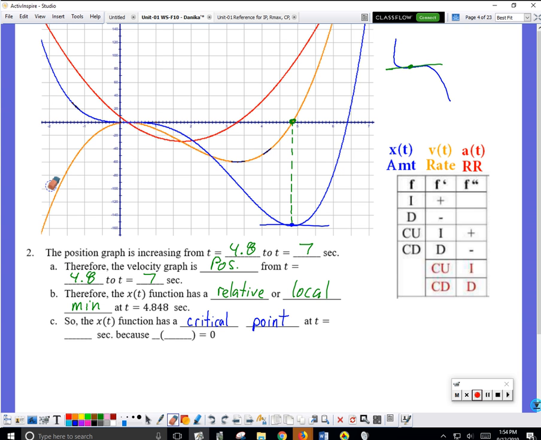But I don't see the position on my test question. I see the velocity. Oh yeah, the definition says the position will have a critical point when the derivative of position, that's velocity, is 0. So that's the moment when the position will have the critical point.